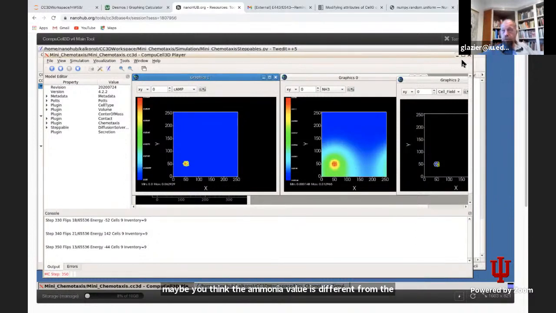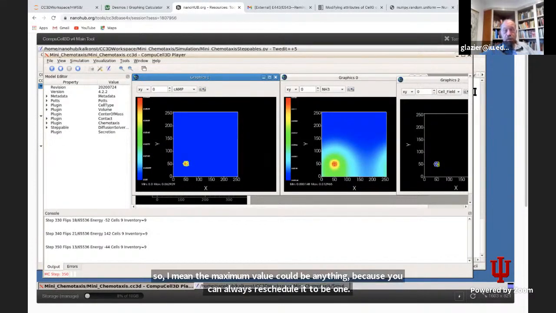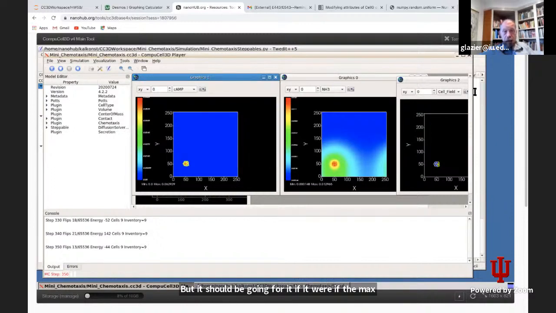Okay, so maybe you think the ammonia value is different from the one you had for the other. Maybe. Because I think it's important, I think that the cyclic AMP oscillations are big. And the maximum value could be anything, because you can always rescale it to be 1. But if the max value were 1, I'd expect it to be going from 0.1 to 1, rather than from 0.99 to 1.